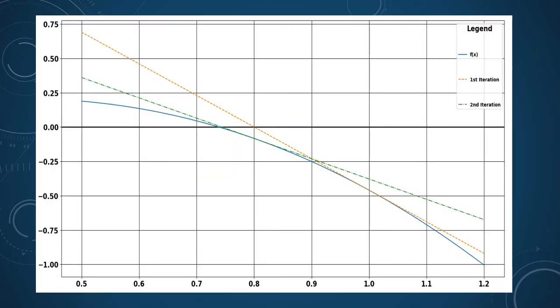So this is a graphical view of what's going on. We have in blue our function. We've basically graphed our function, and actually this function is f of x equal to cosine of x minus x squared, which was one of our first examples on finding roots in the problem slide.